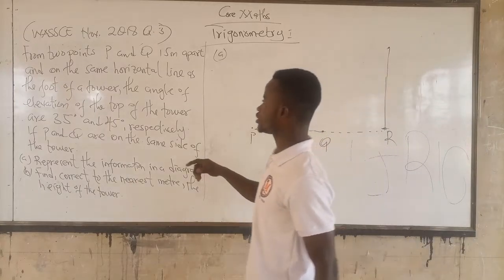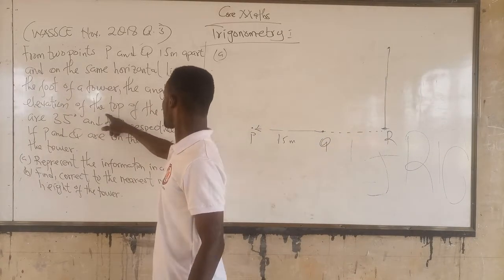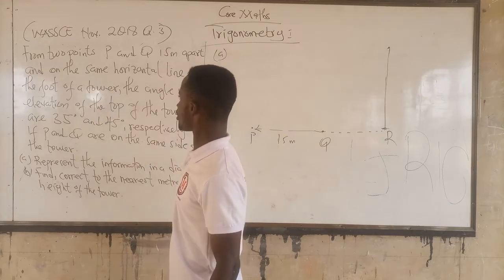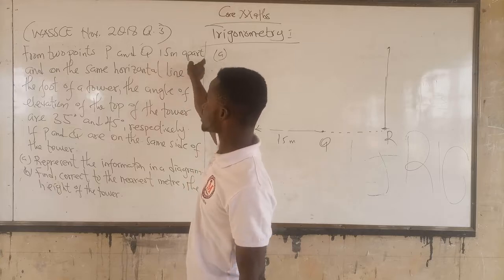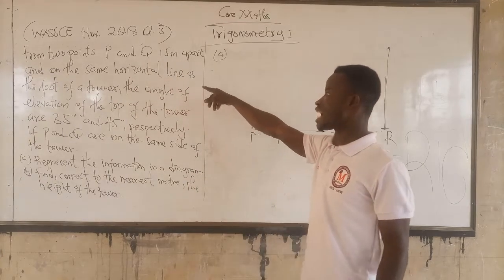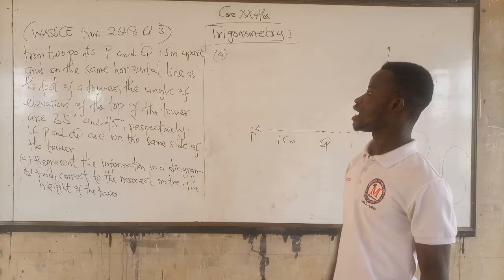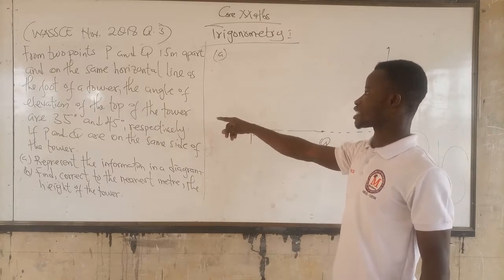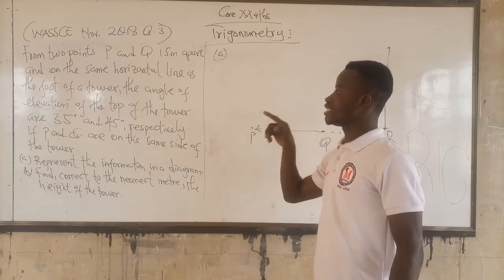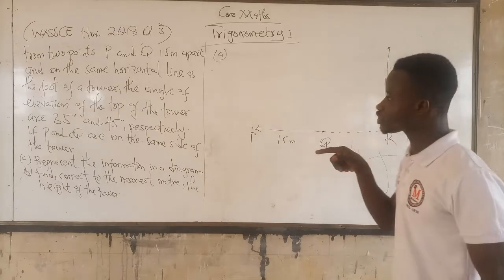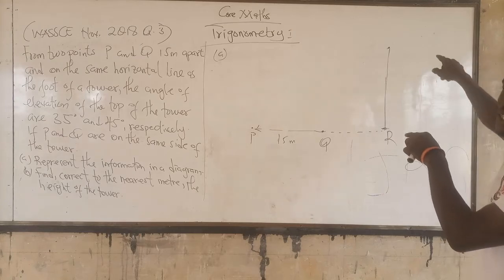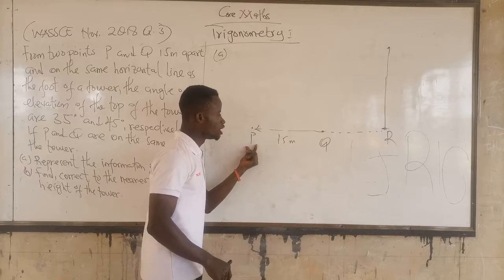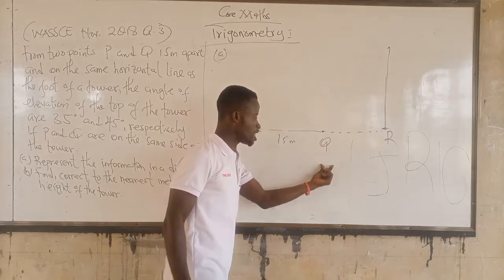Alright, so the question says 50 meters apart, and on the same horizontal line as the foot of the tower, the angles of elevation of the top of the tower. That means you can assume this one to be a human being, this one to be another human being.